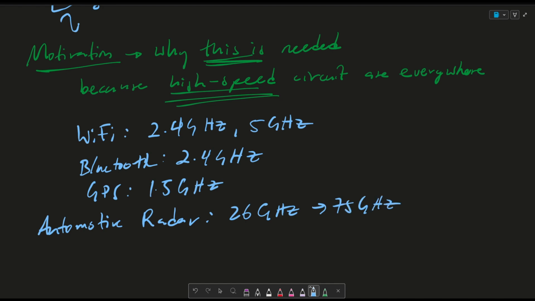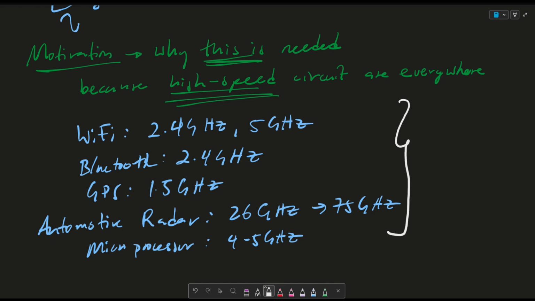So it's extremely fast. And if you've ever done a project using a microprocessor, you're looking at 4 to 5 gigahertz. These ranges are what we consider to be radio frequency waves, or radio waves, in the electromagnetic spectrum, which range from 300 kilohertz to around 300 gigahertz.